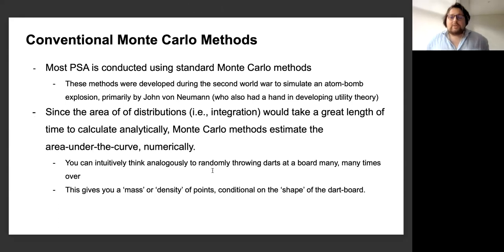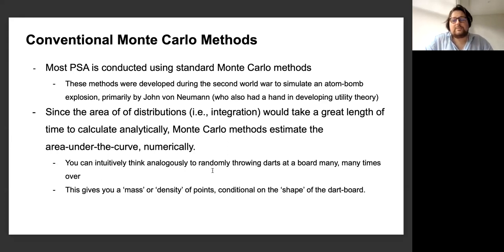So there are various different ways to go about obtaining random samples for your probabilistic sensitivity analysis. But the most common and probably the easiest way is using standard Monte Carlo methods, which is just random sampling based on a distribution of choice.